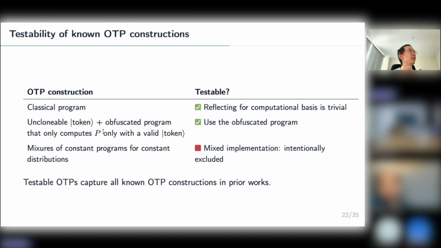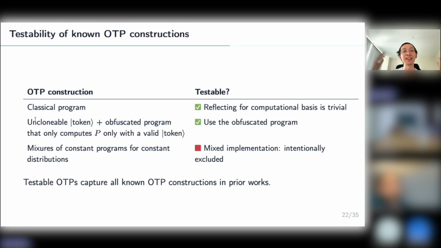And if you look at all the prior constructions of one-time programs, they all follow the following template: the output of the one-time compiler has two parts. The first part is just an unclonable token, usually a subspace or subset state. And the second part is a classical obfuscation of a classical program that only cooperates with you for computing P when you measure the token in some random basis.